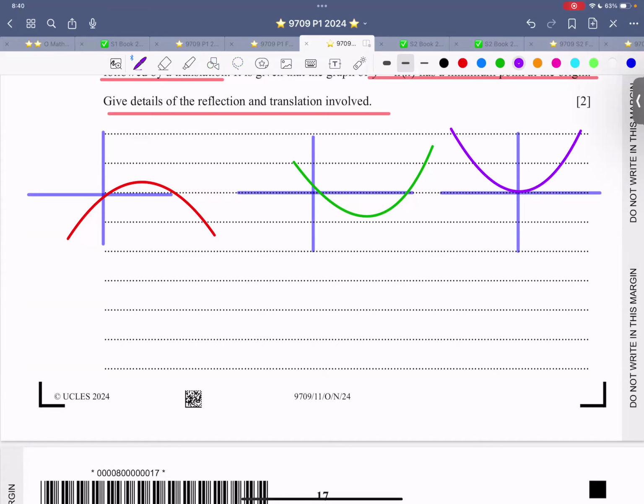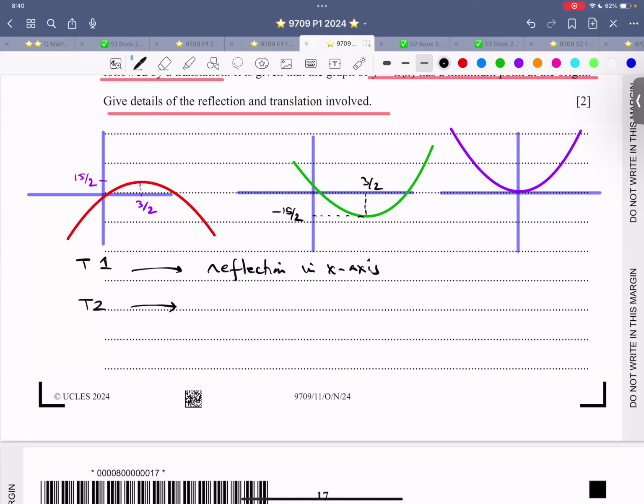The first thing is a reflection. That means this is 3/2 and this is 15/2. After reflection, this will be like this: this is 3/2, this is negative 15/2. Got the idea? And then we are moving this 3/2 units to the left and 15/2 units up. So the first thing is reflection in the x-axis. That is step 1, transformation 1.